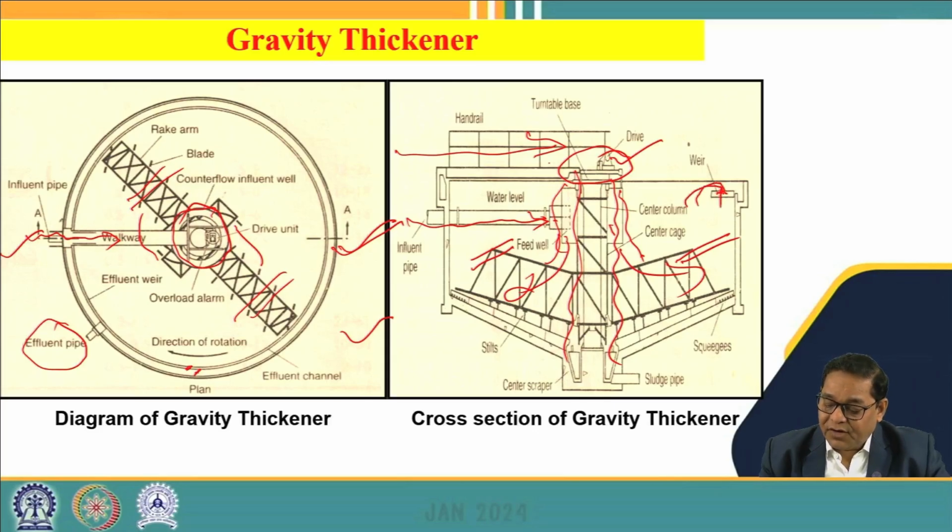You see water will enter through this weir into this effluent launder, and from this the water is taken out, whereas all the sludge particles which are settled at the bottom will be taken out into these sludge hoppers which are provided at the bottom of the tank in line with the central well. And then that is the sludge outlet pipe from where the concentrated stream of sludge will be taken out for further treatment process.